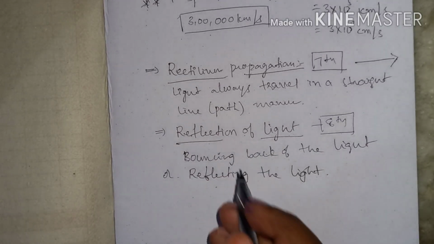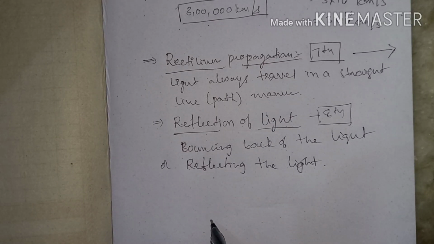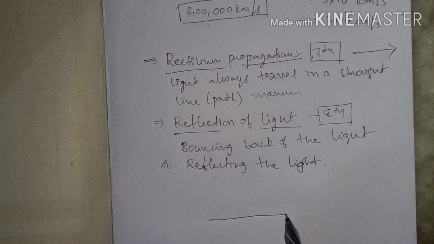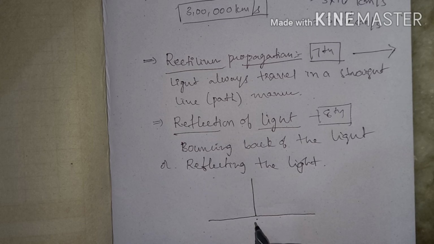We can explain this reflection of light in a mathematical way and a pictorial way. This is the surface, and this is the normal. You already know the normal: the line which is perpendicular to the surface.